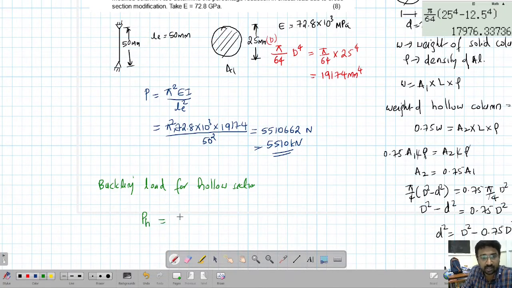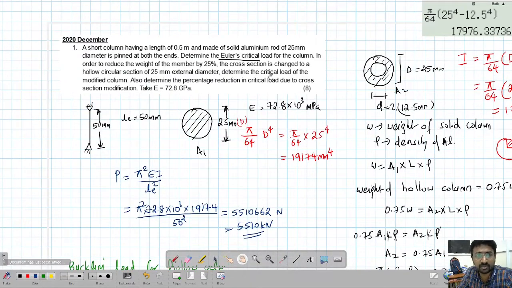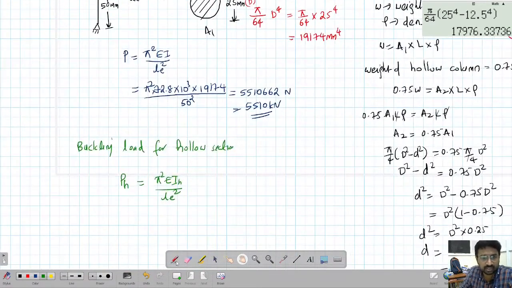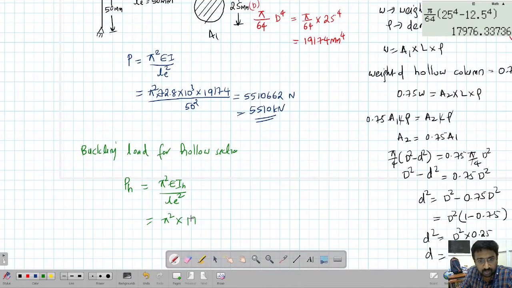This is nothing but the same formula, pi squared E I hollow upon LE squared. Now the critical load of this is pi squared into 17976, because I has changed, E is the same.